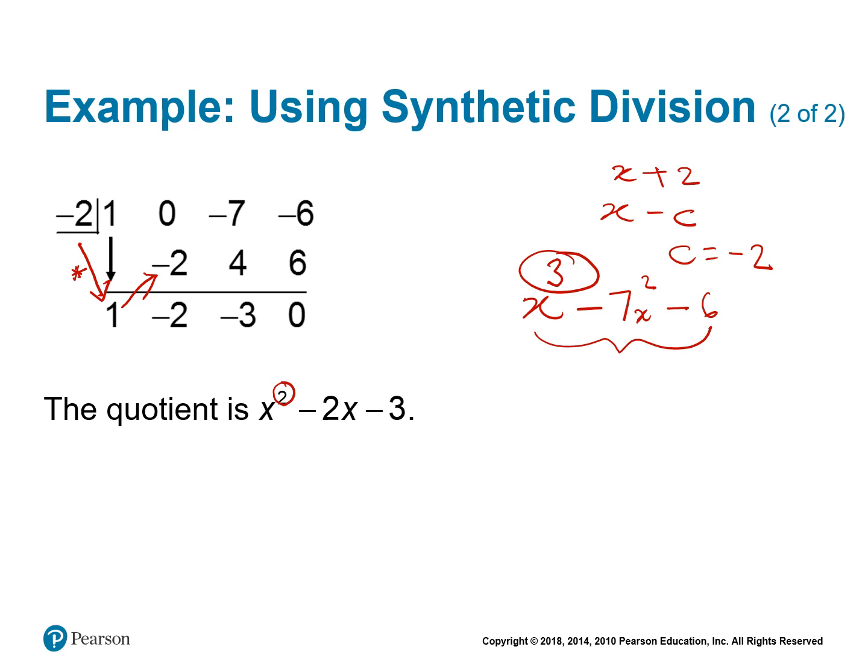All right. And then the subsequent terms will just have exponents 1 less than whatever the leading term is. So x squared minus 2x minus 3. There's no remainder, so you don't have to write it as plus 0 over x plus 2. When the remainder is 0, just do not write the remainder. All right, that itself says there is no remainder.